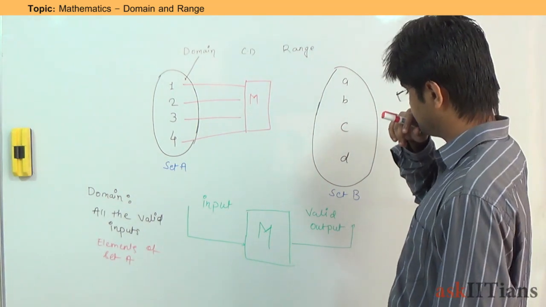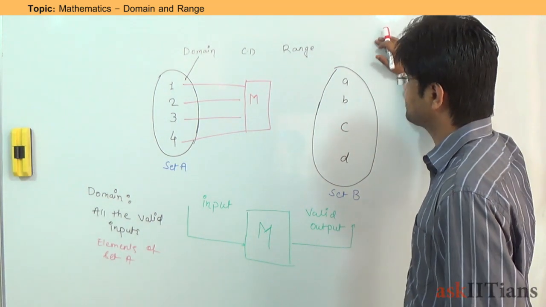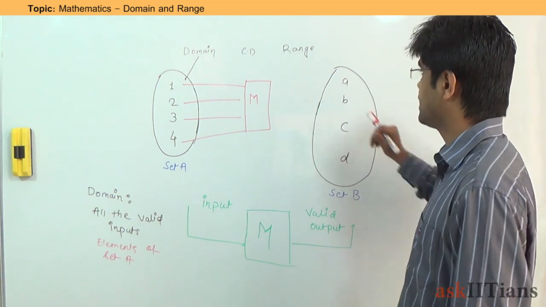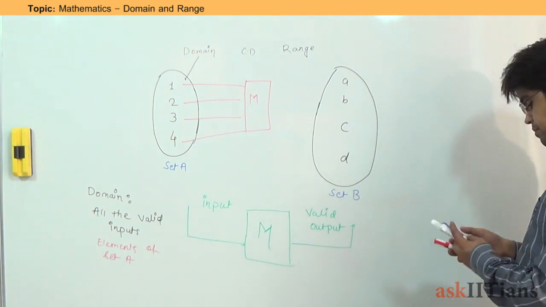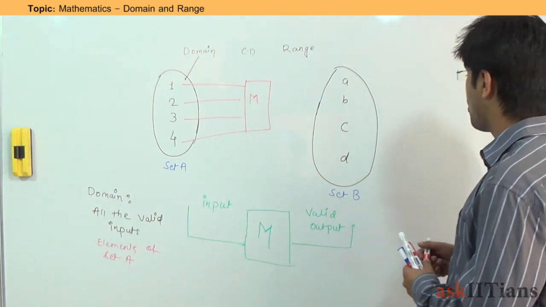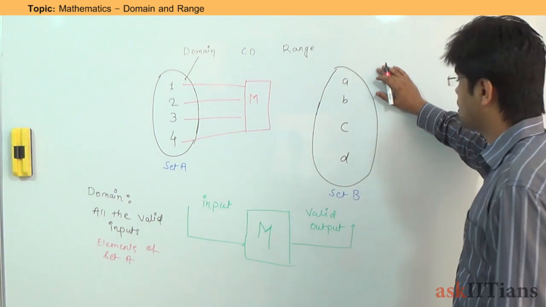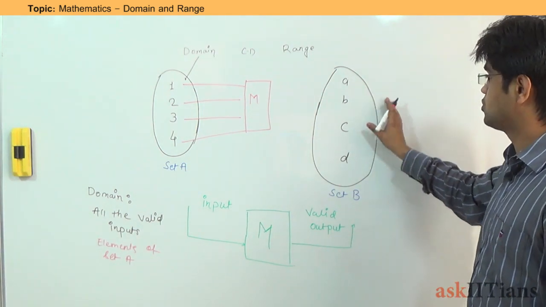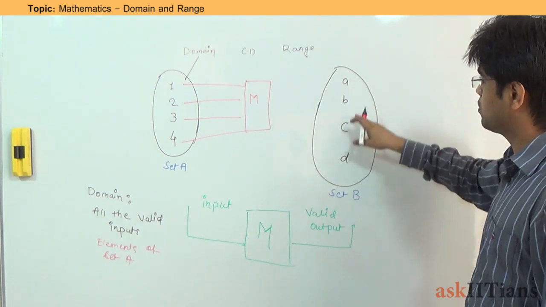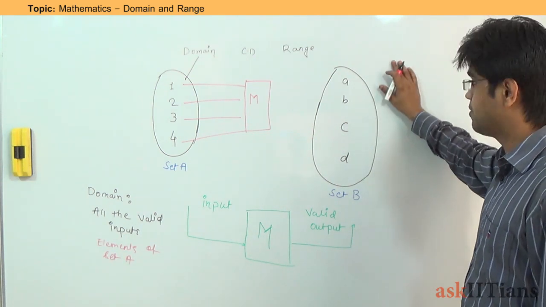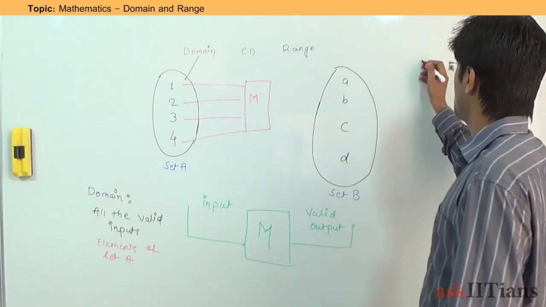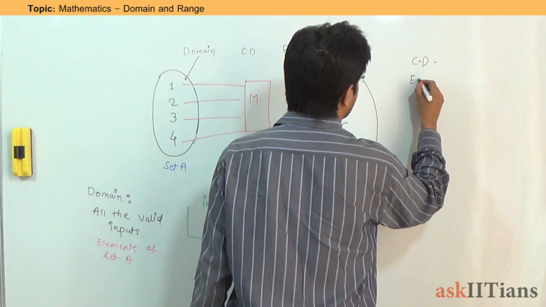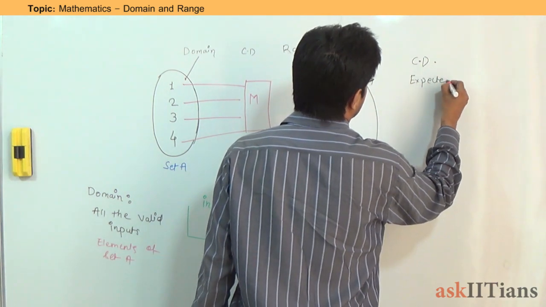Now, there are two things. Suppose that this is the machine, and I don't know what my mapping is. What I am thinking is that all the elements of set B are my possible outputs. They are my expected outputs. I am expecting that any or all of these four elements will be mapping. So codomain is nothing but the expected output.